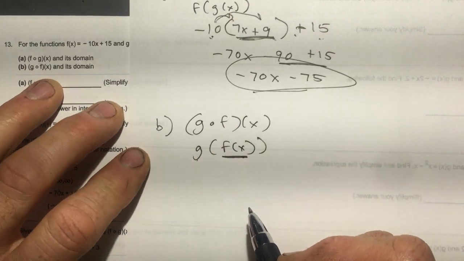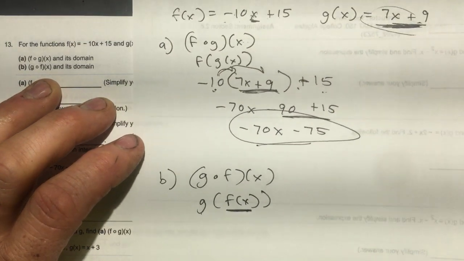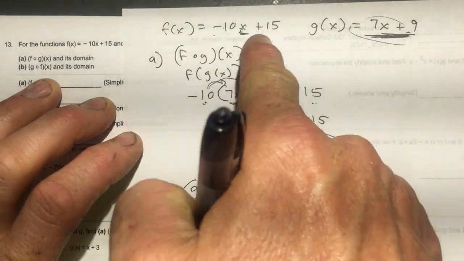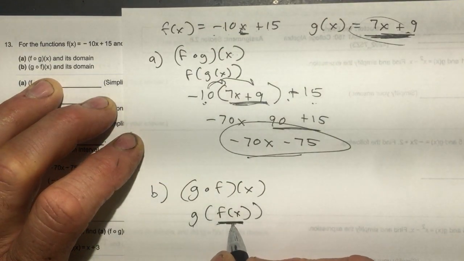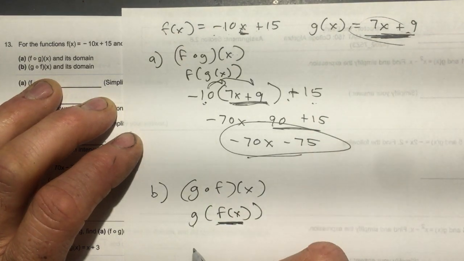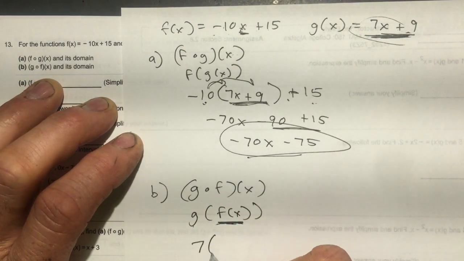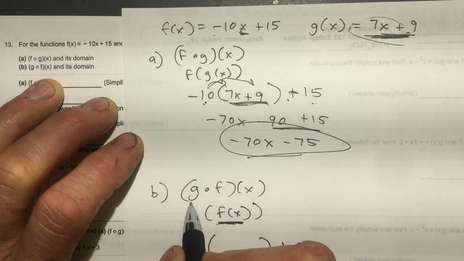Here are my two functions again. I'm taking the f function this time and putting it in the g function. So here's my g function, which is 7x plus 9.